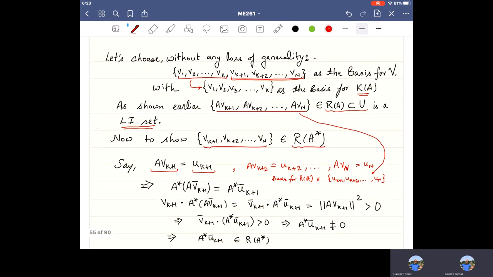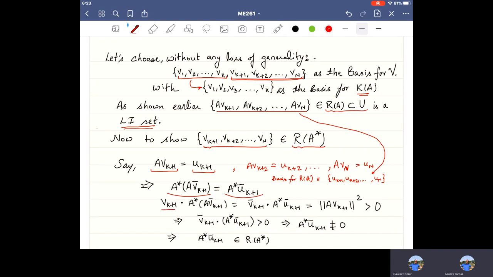Now we map these back using the transpose to the vector space V. So we say A transpose of A of v_{k+1} is going to be given by A star of A v_{k+1}. Now we take a dot product with v_{k+1}.